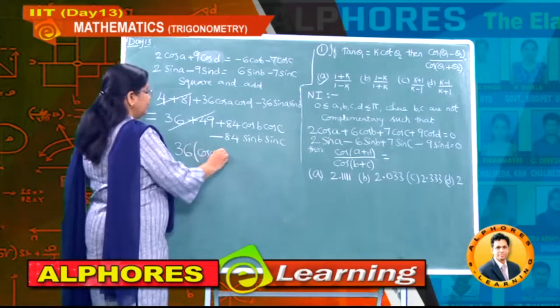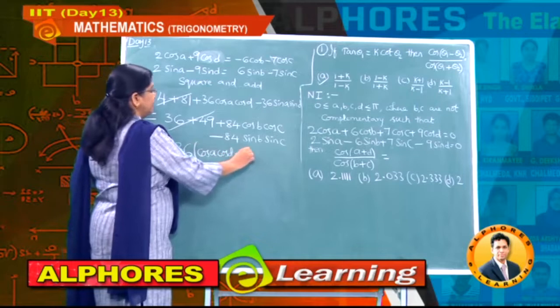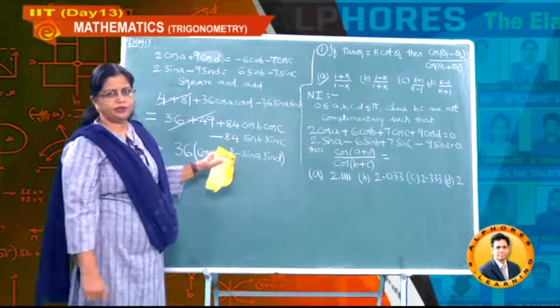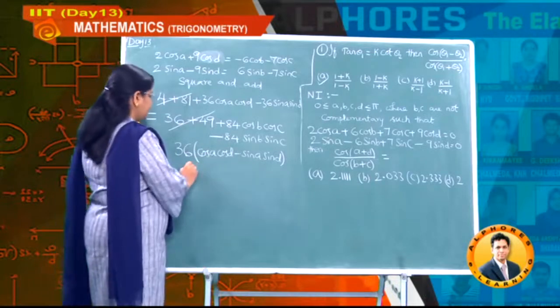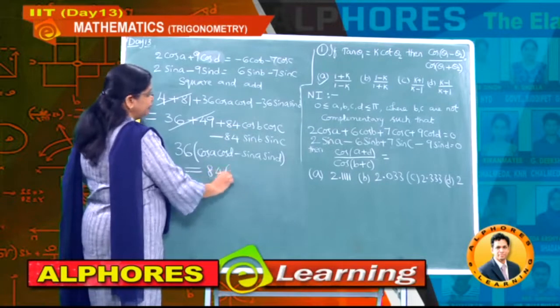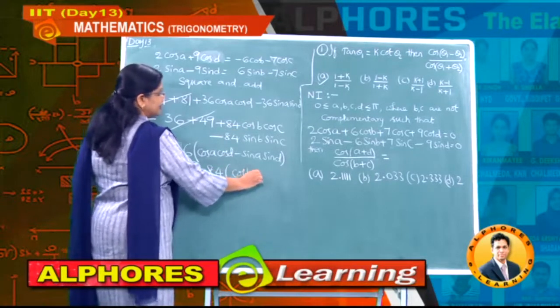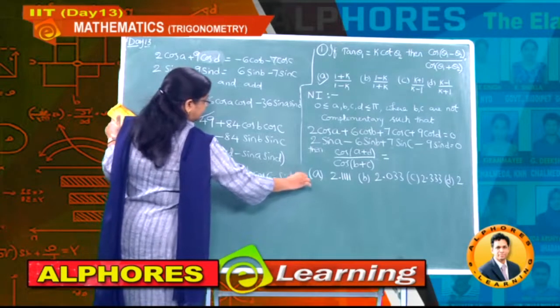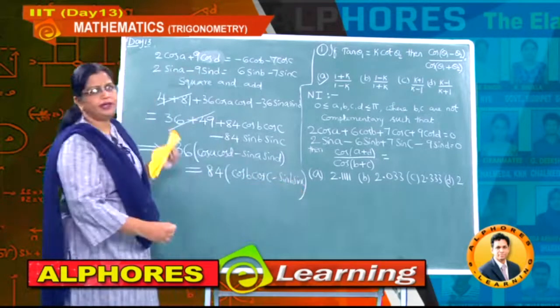Cos A cos D minus sin A sin D. Good practice is to write this direct step. And on this side, if I take 84 common, this will be cos B cos C minus sin B sin C. So this is our leftover value.